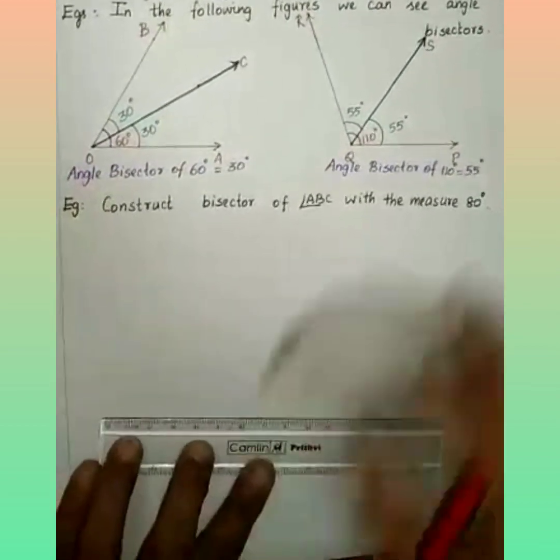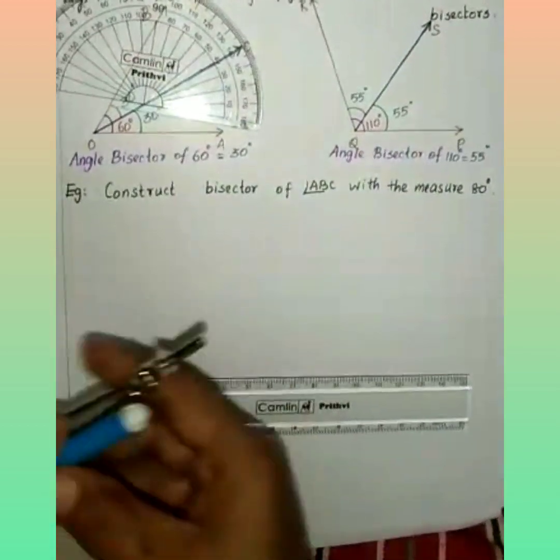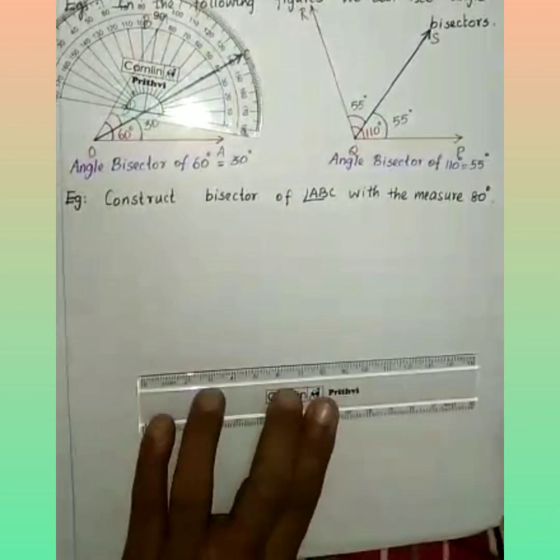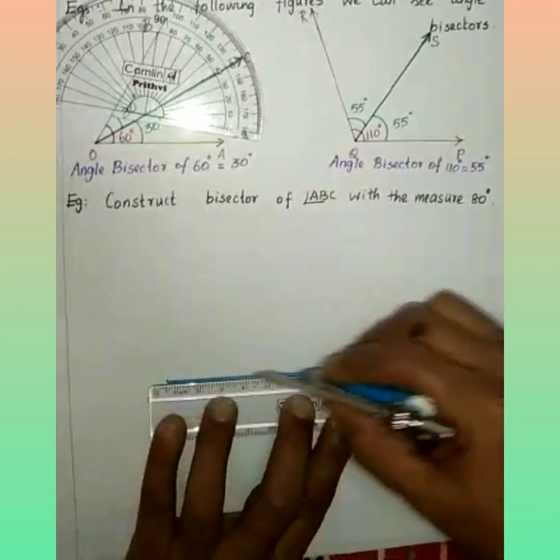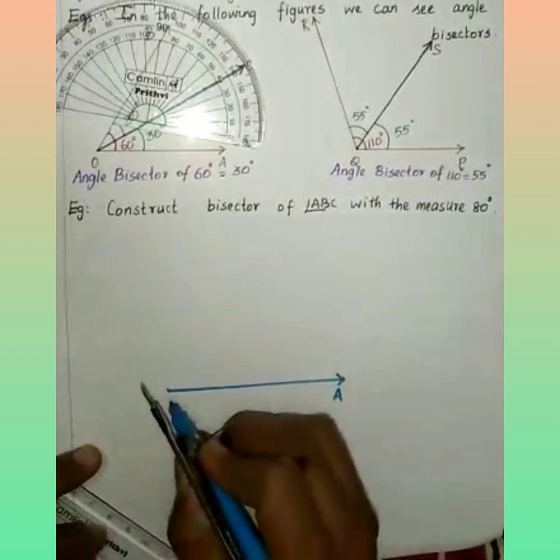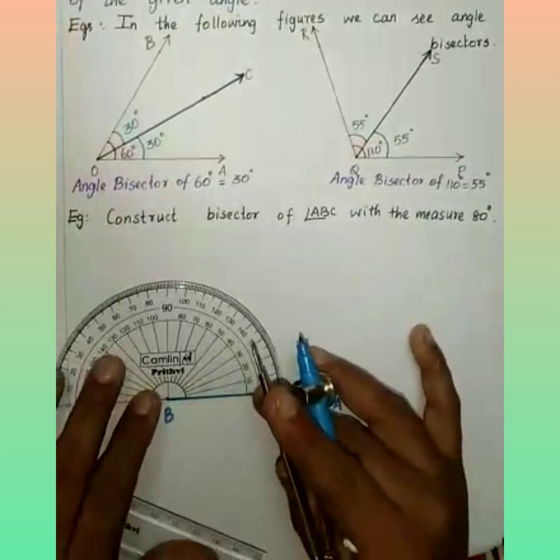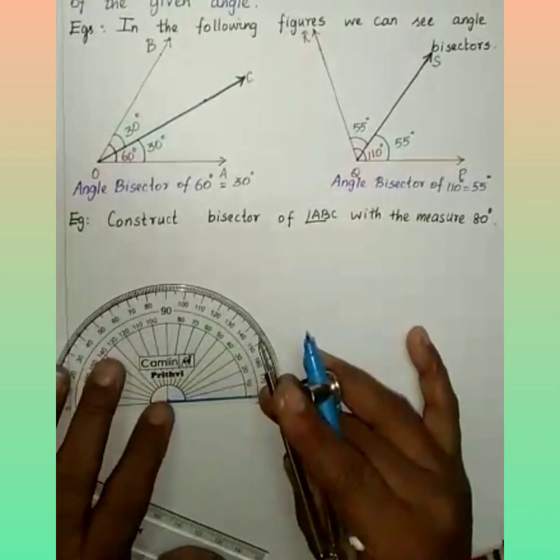First, we can draw angle ABC is 80 degree. First, draw a line segment. This is A and this is B. By using the protractor, mark 80 degree.